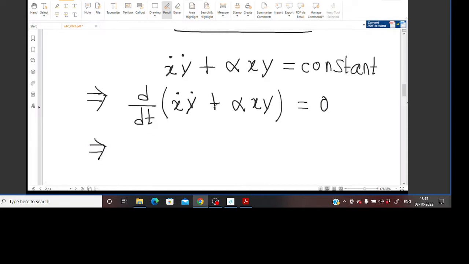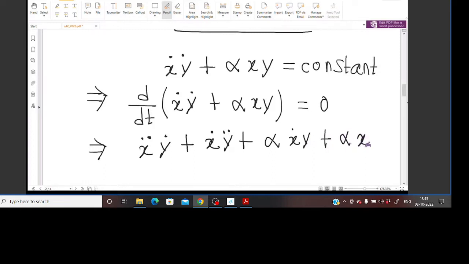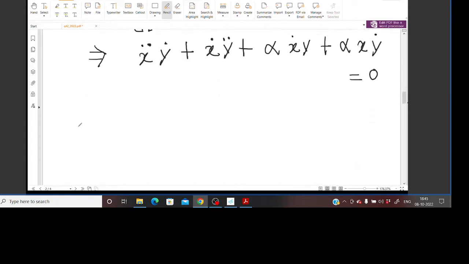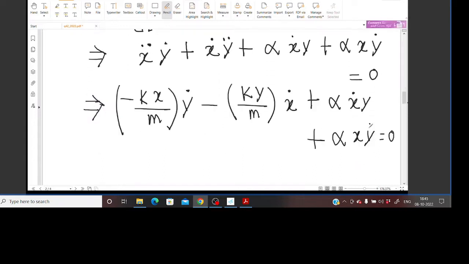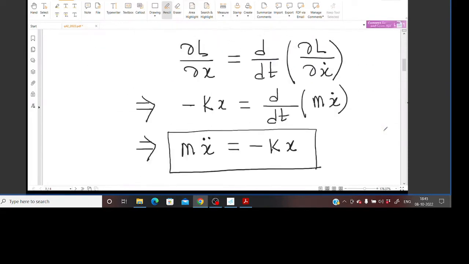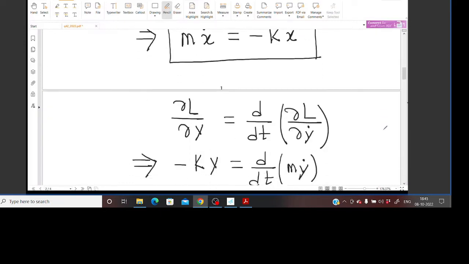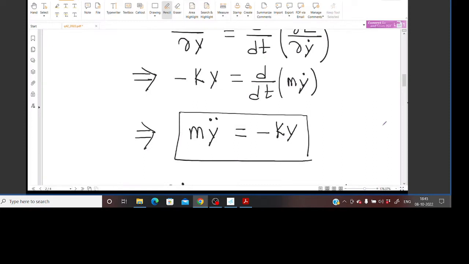Now if we differentiate this quantity with respect to t, then we get x double dot into y dot plus x dot into y double dot plus alpha into x dot into y plus alpha x y dot equal to 0. Here we have used these two equations, m x double dot equal to minus kx and m y double dot equal to minus ky.